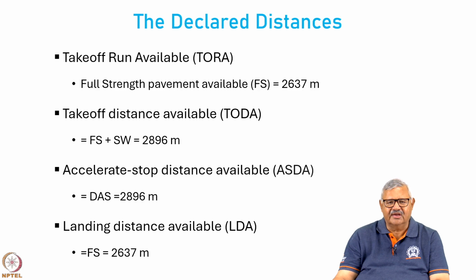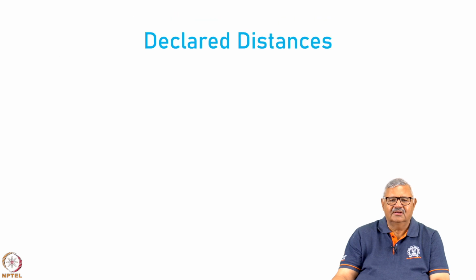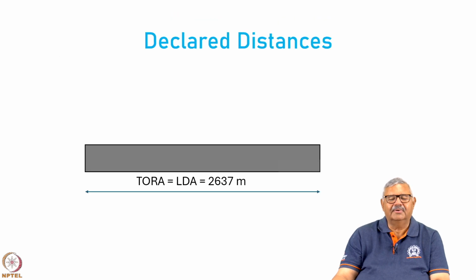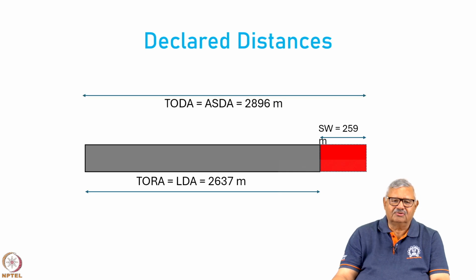So, we notice in this case that the TORA is equal to the LDA and TODA is equal to ASDA. In other words, for this example, the declared distances are as follows: TORA equal to LDA equal to 2637, stopway is equal to 259, which is not normally specified, but TODA equal to ASDA equal to 2896 meters.